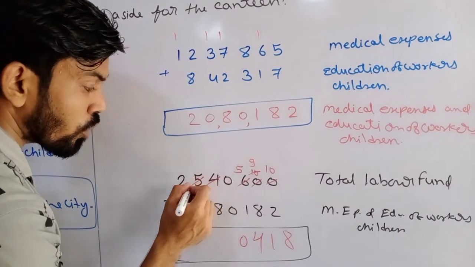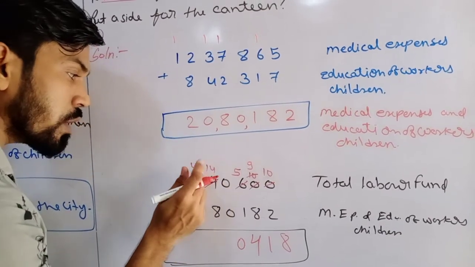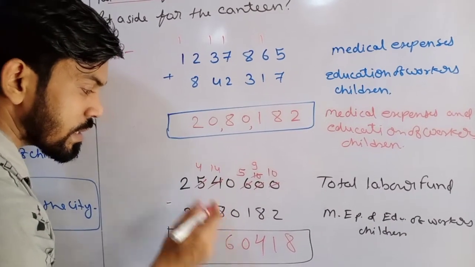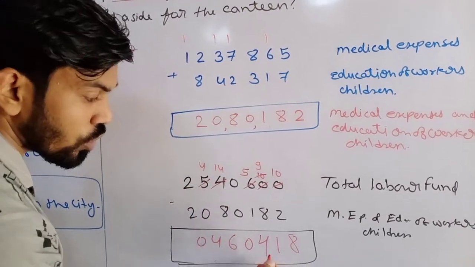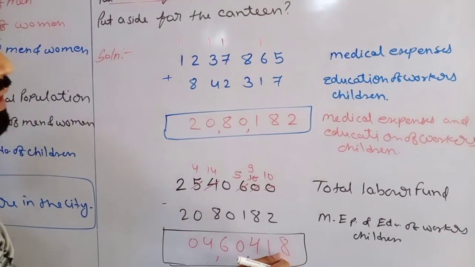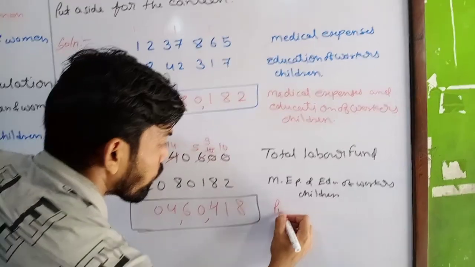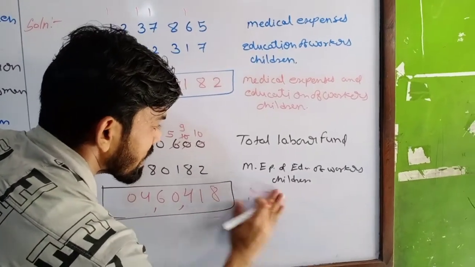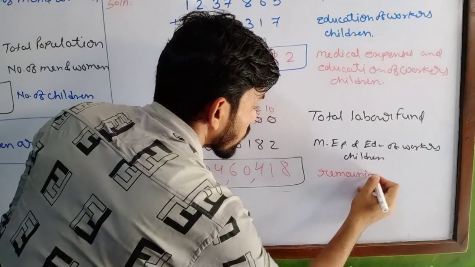Again this 4 borrows 1 from this 5. 5 becomes 4, 4 becomes 14. 14 minus 8, 6. 4 minus 0, 4. 2 minus 2, 0. So it will become 4,60,418. That is what is put aside, or we can say the remaining amount.